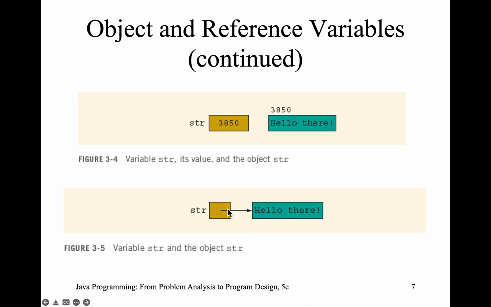Here you see this arrow. Anytime you want to represent in a drawing that a variable has a reference to something, we use an arrow because we say that it's pointing to. So str is pointing to the location 3850 that holds the value hello there, or the object hello there.